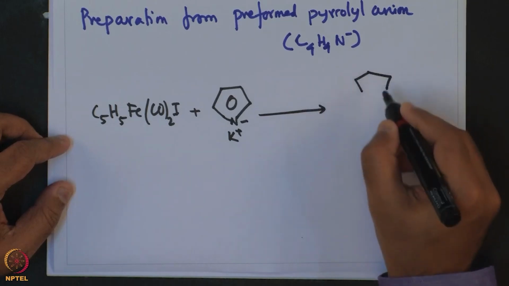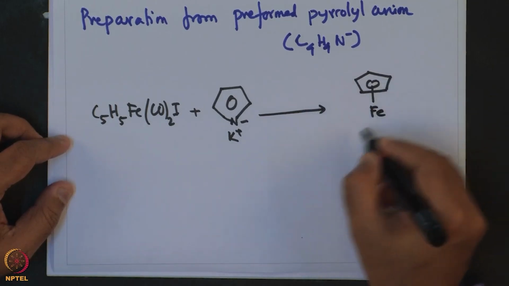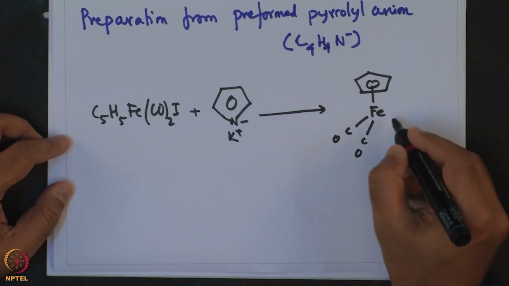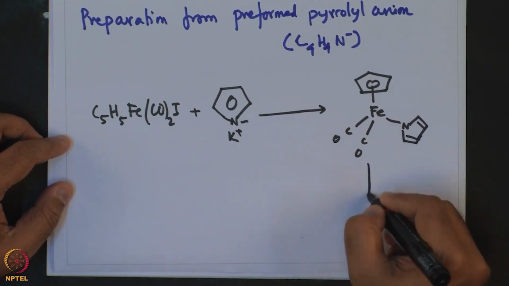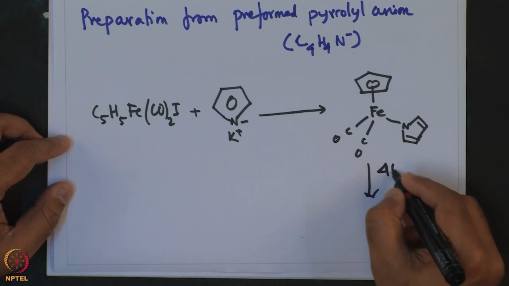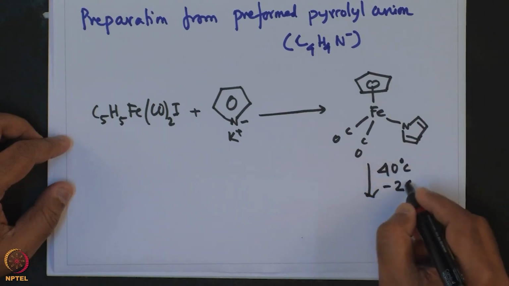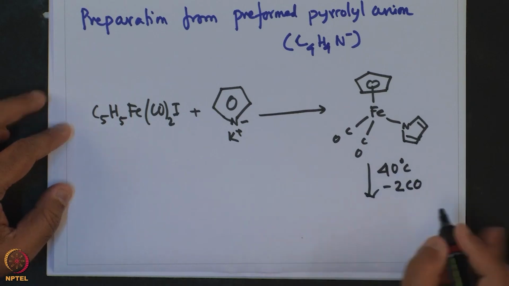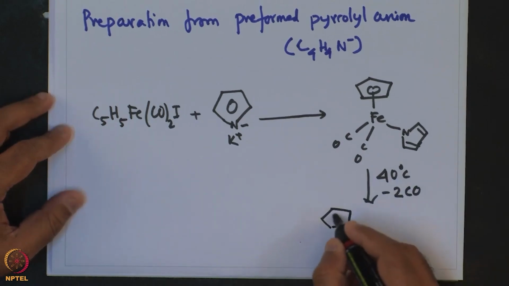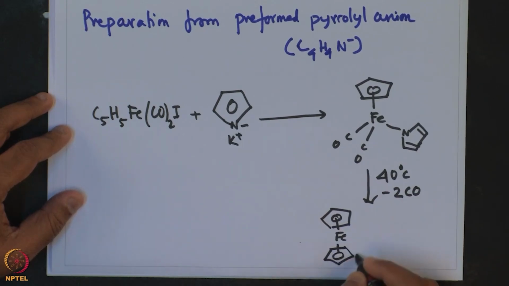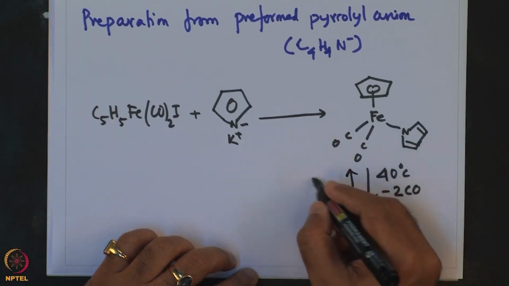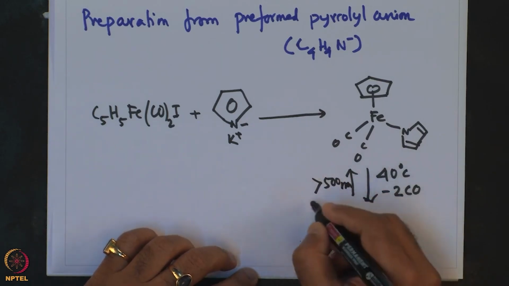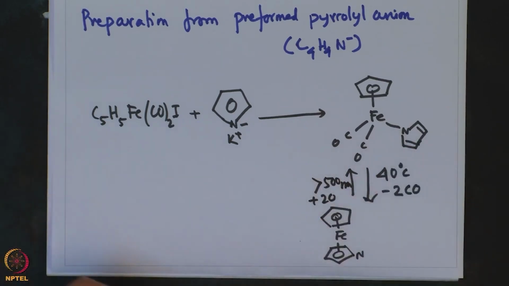eta 1 bound iron carbonyl pyrrole, which at 40 degrees centigrade loses 2 carbon monoxide to give this mixed ligand complex of iron, Cp pyrrole anion, and this compound in light greater than 500 nanometer, and carbon monoxide gives back this eta 1 bound pyrrole.